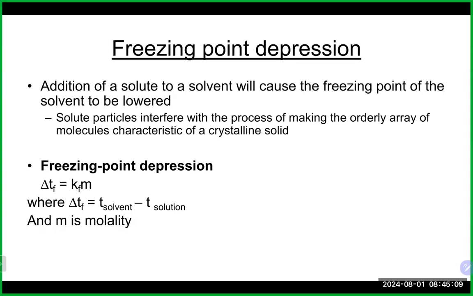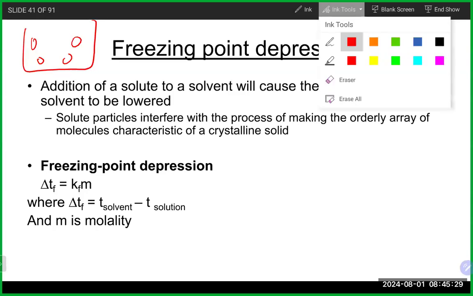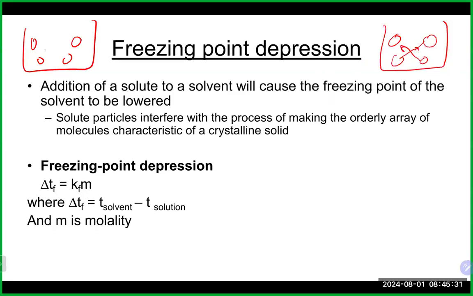You could think of it, oversimplified, as with nobody involved, there's really no problem for these guys to get close to one another and come together and freeze themselves in a nice ordered pattern. With the presence of other things in that solution, like solute particles, you just get in the way of those guys being able to naturally come together as the energy is being released.